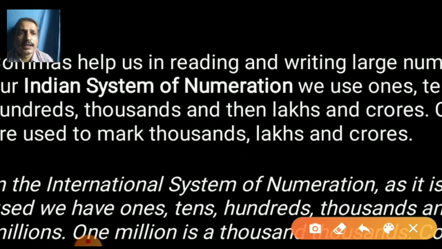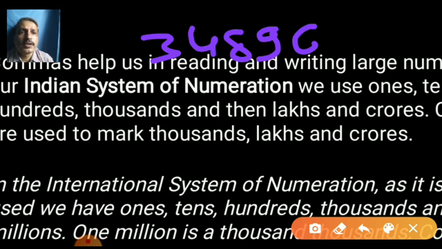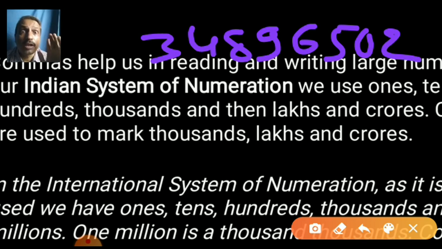Or you can write here 3, 4, 8, 9, 6, 5, 0, 2. Like this, a big number is there. How to do it? First 3 digits, and then after every 2 digits a comma. Yes, 3 crore 48 lakh 96,502.